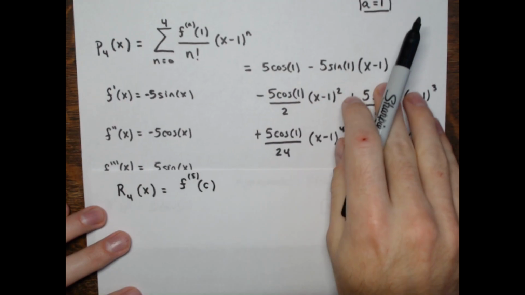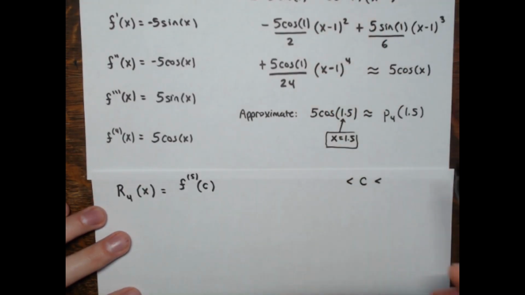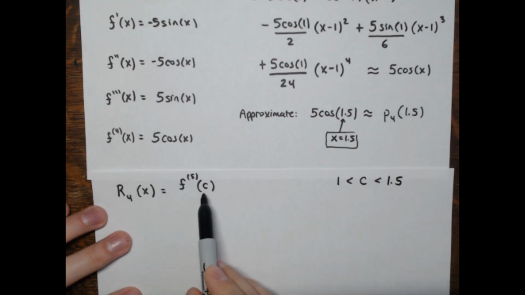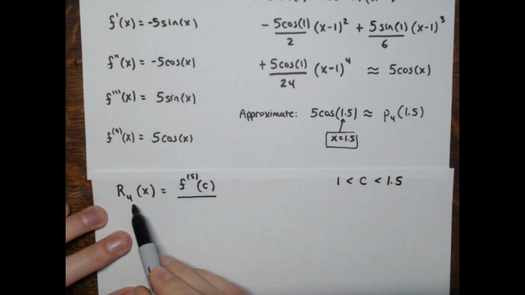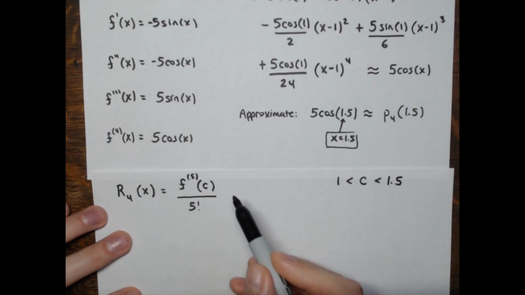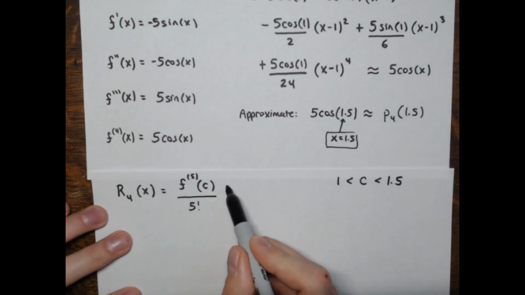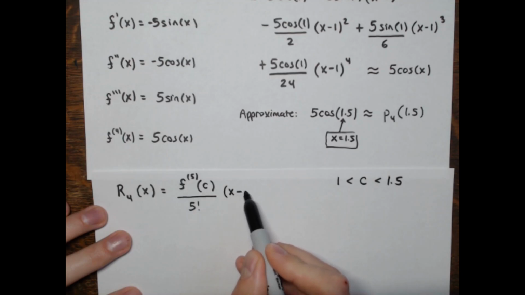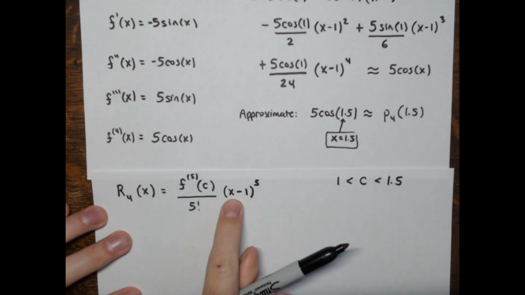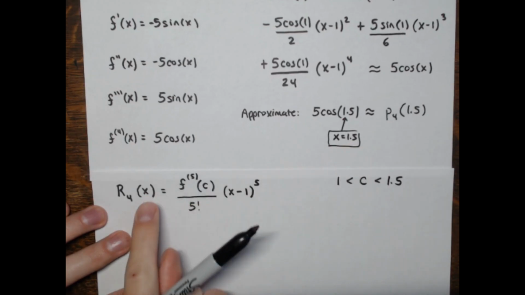The center was 1. So c is between 1 and 1.5, divided by 5 factorial, so 120, times x minus a, x minus 1, to the fifth power, and we'll plug in 1.5 for x in a second.